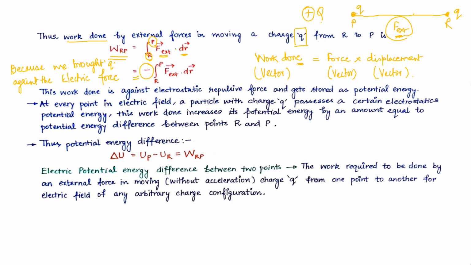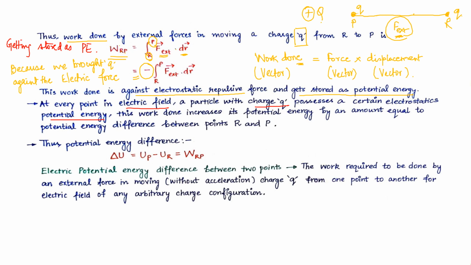This work done against the electrostatic repulsive force gets stored as potential energy. At every point in an electric field, a particle with charge q possesses certain electrostatic potential energy.